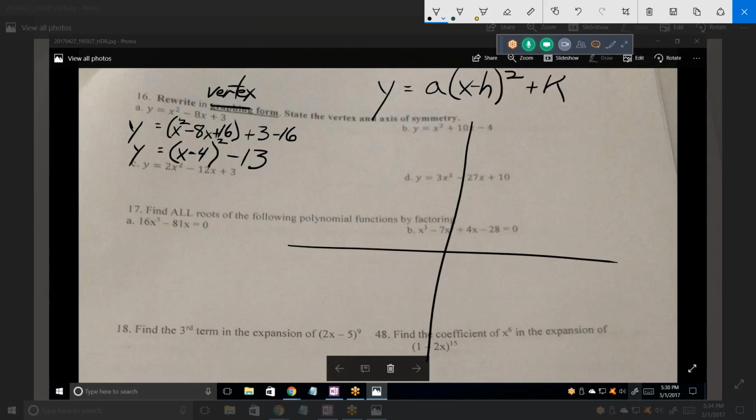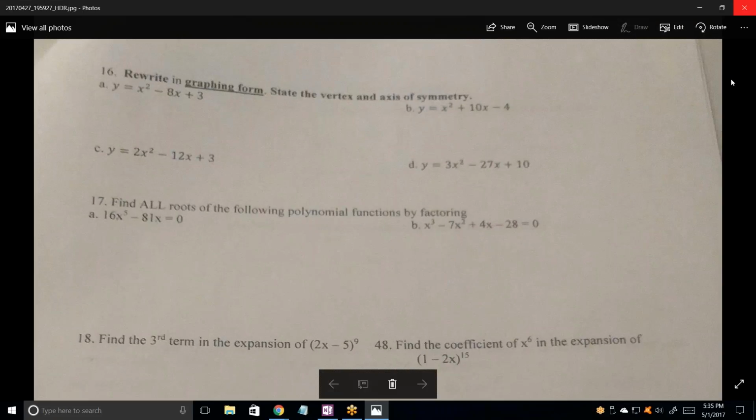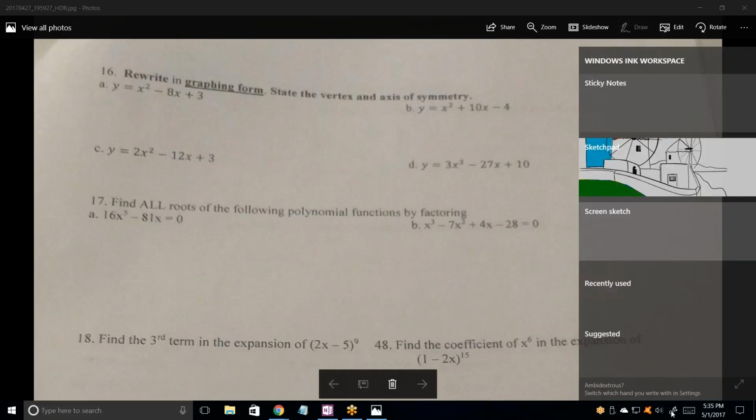So the vertex, I lost my pen. Hold on a second. Let me see if I can figure out how to solve this without doing it. It's happening to me regularly. Does that solve it immediately? I think it did. No, it didn't solve it.